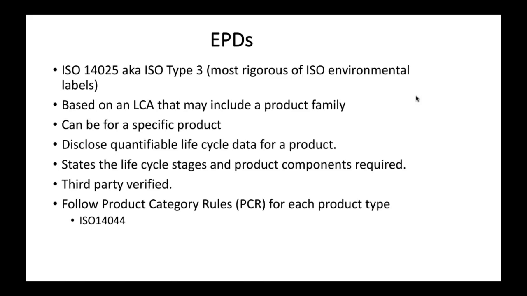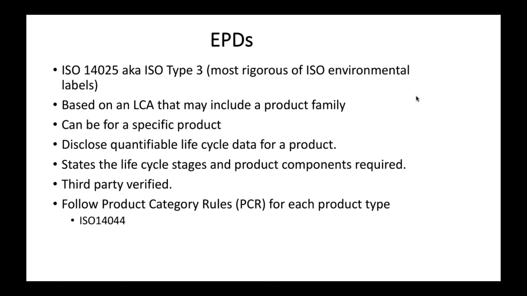But this is an easy way to show the impact of your product and show that your product is recognized by one of these certifications without individually doing too much as a manufacturer. So some examples, there's a lot of different steel or studs or wood products that are narrowed down to be North American X, Y, and Z wood, or steel studs from X, Y, and Z locations that really help you to determine the life cycle analysis of those products.